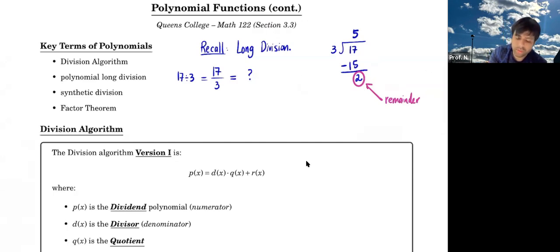That's right. And then what is 5? 5 is called the, anybody? What is 5 here? Yep, that's right, Jen. It's the quotient.